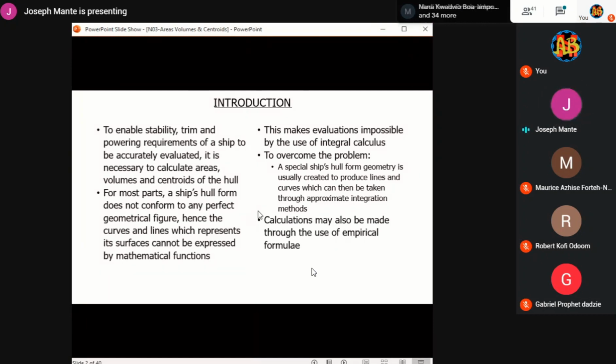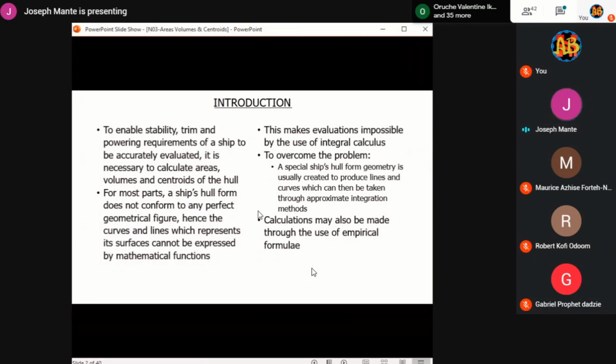Now, to enable the stability, trim, and powering requirements of a ship to be accurately evaluated, it is necessary to calculate the areas, volumes, and centroid of the hull. Those of you who have done internships will realize that when you are on a ship, the ship is not sinking.